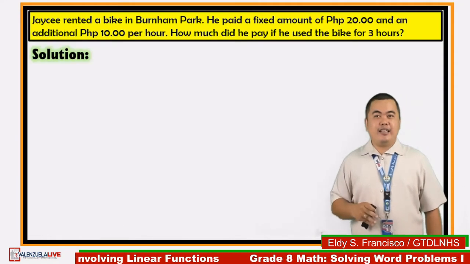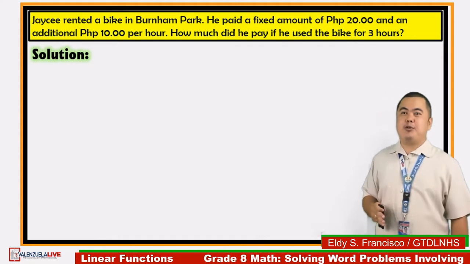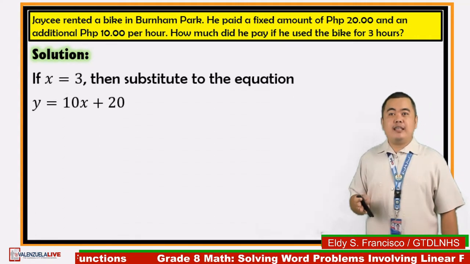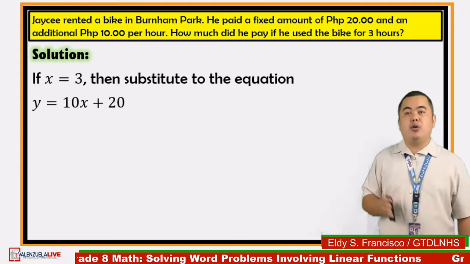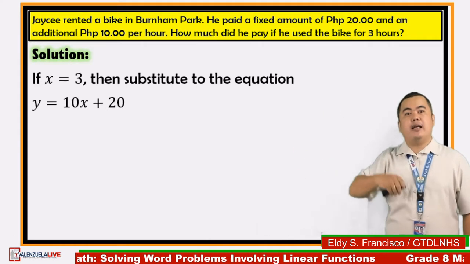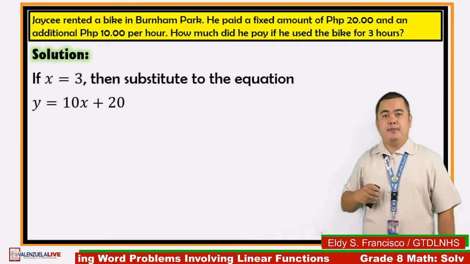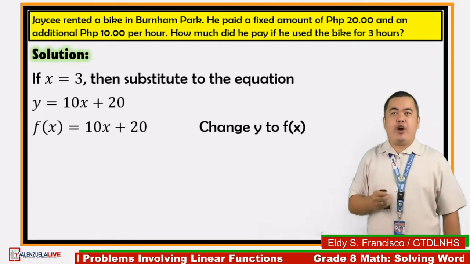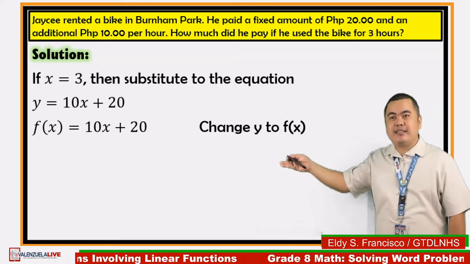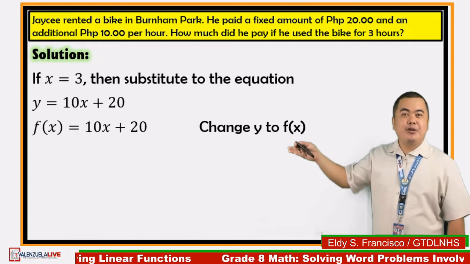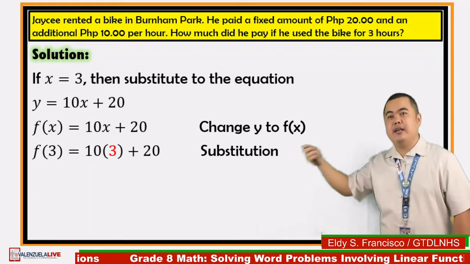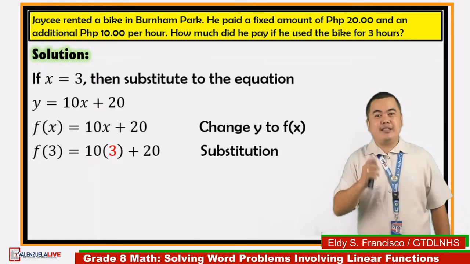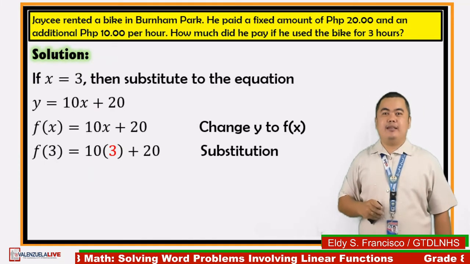Okay. Then, let us move to the solution. Step number 2. If X is 3 hours, then substitute to the equation Y equals 10x plus 20. Then, change Y to f of X. So, we have now f of X equals 10x plus 20. Then, by substitution, we will have f of 3 equals 10 times 3 plus 20.